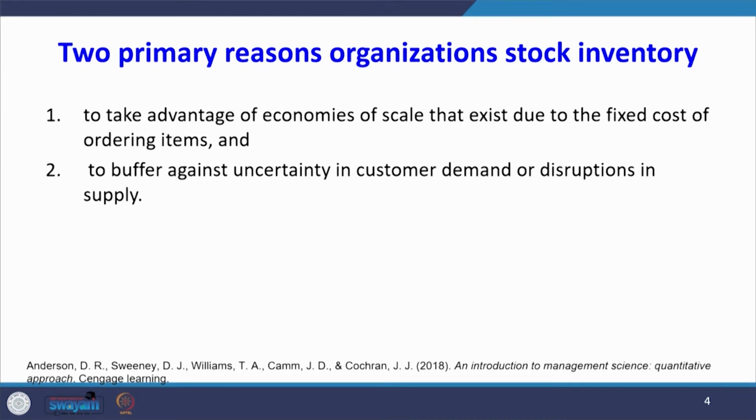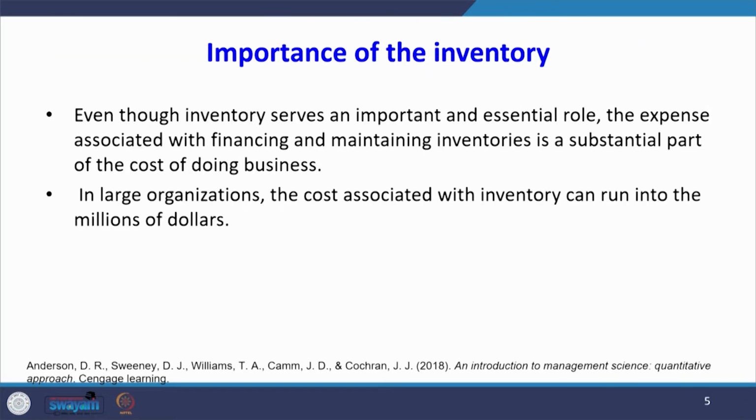Second, to buffer against uncertainty in customer demand or disruption in supply. Whenever there is uncertainty in demand or disruptions, it is better to hold some inventory so that there will not be any stockouts.